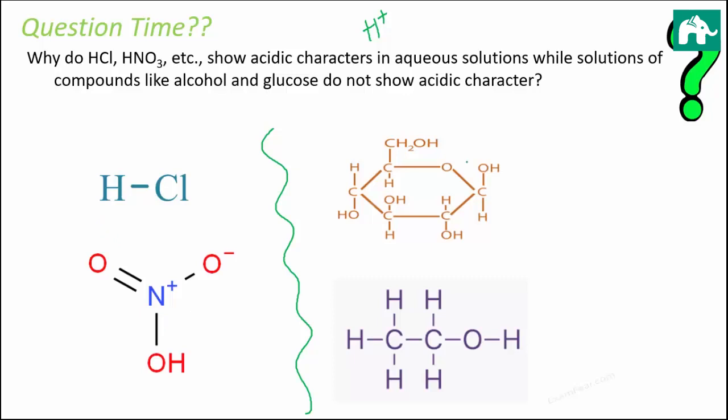But when you look at the structures of glucose or alcohol, you see that they also have hydrogen, but they do not release hydrogen ions in water. That is because the hydrogen in their case is very strongly bonded either to the oxygen or to the carbon, and therefore they do not readily come out of the structure, and therefore they do not show acidic character.